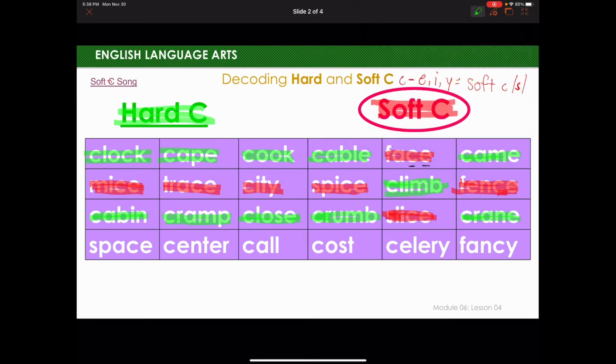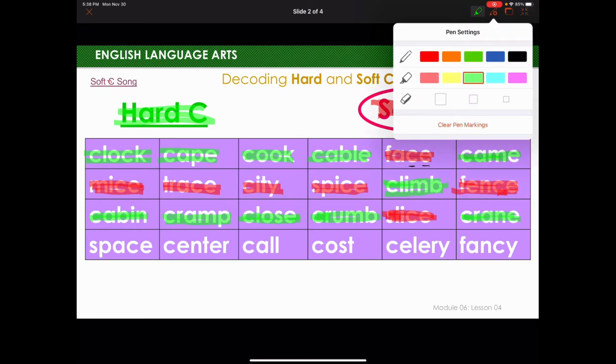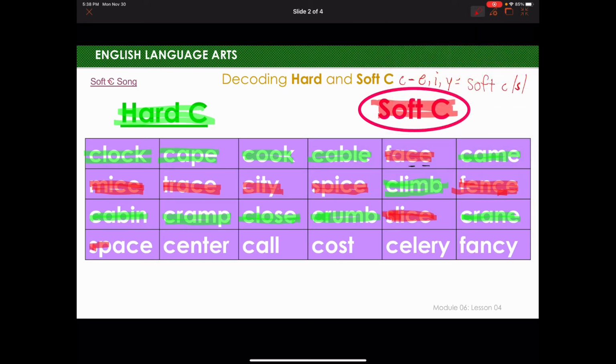We are back to the hard C. Okay, after that, I've got a C followed by an E. So let's read this word together. Space. Okay, C and E. Center.